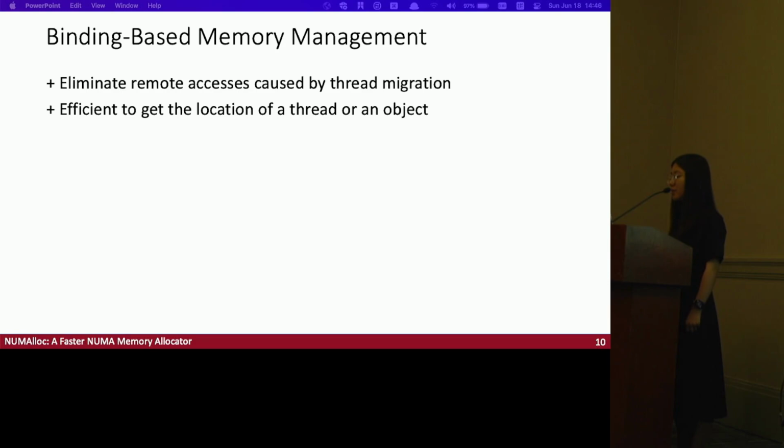This also works for the object, since our allocator adopts an origin computable layout. Lastly, the combination of thread binding and memory binding inside the allocator provides a clear relationship between thread and memory. Therefore, it enables more advanced memory management, which I'm going to introduce.